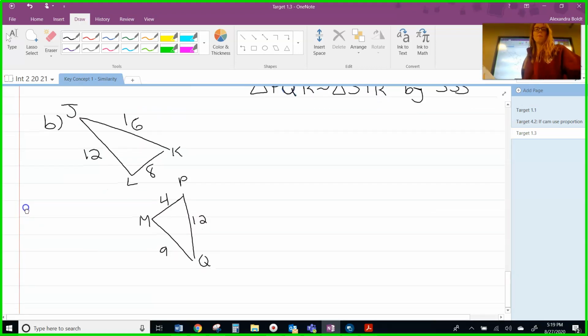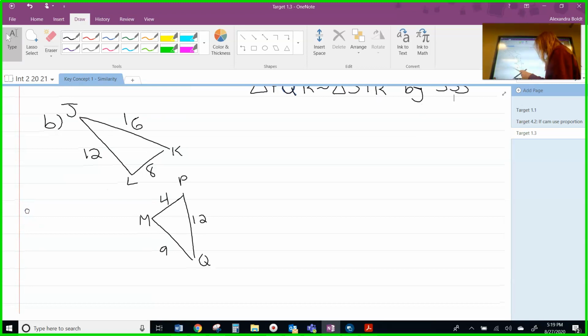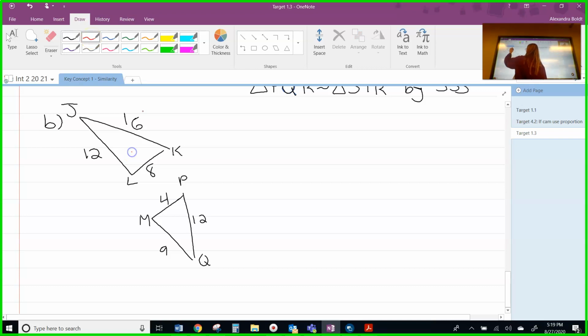Okay, let's look at our last one, B. We have our two triangles here. So again, I'm going to start with my largest number on both of these. If I look at this triangle, my largest number is 16. On this triangle, my largest number is 12. I've used both of those. Now, my largest number here is 12.